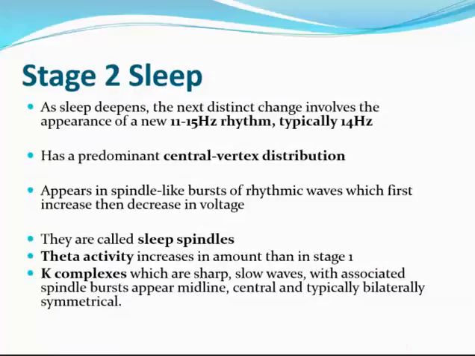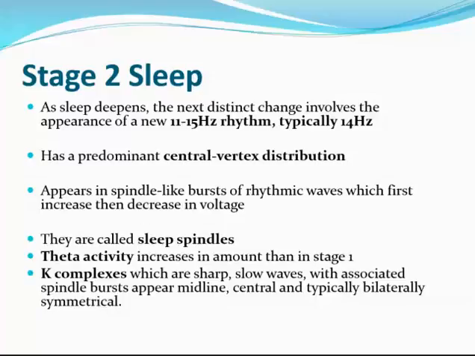Stage 2 sleep. As sleep deepens, the next distinct change involves the appearance of a new 11 to 15 hertz rhythm, typically 14, and it has a predominant central vertex distribution, about Cz, around that area. It appears in spindle-like bursts of rhythmic waves, which first increase then decrease in voltage. These are called sleep spindles.